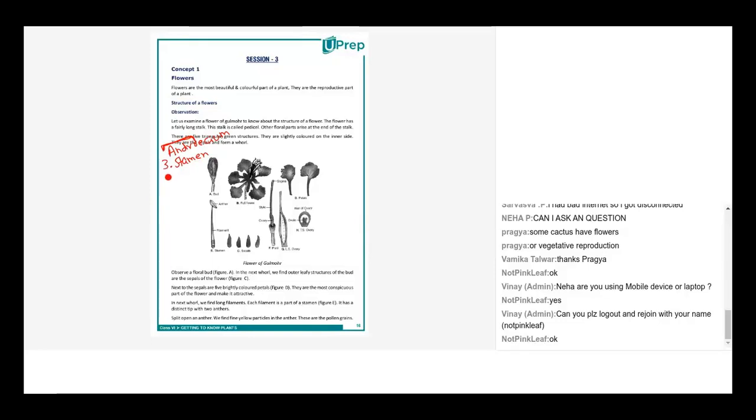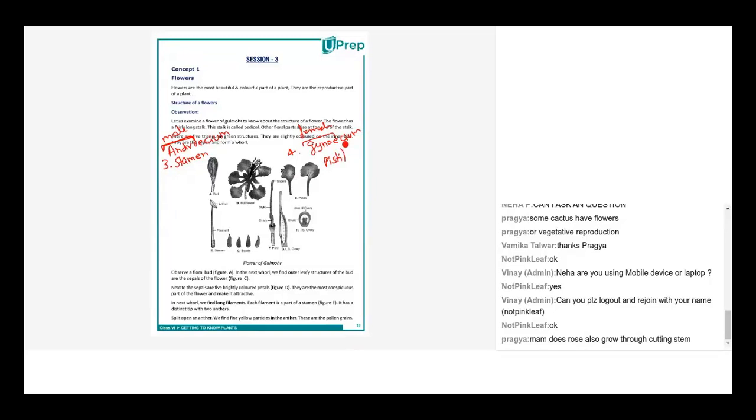Andro means male. And when we say gynoecium, gyno means female. This is the fourth whorl. Here we can either call it the pistil, and many also call it the carpel.